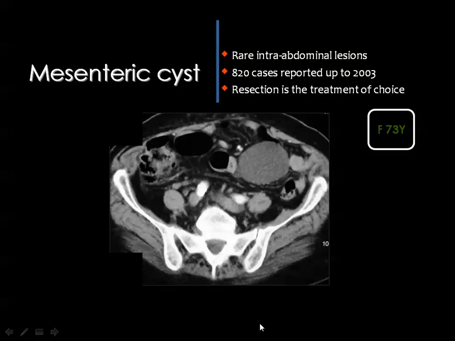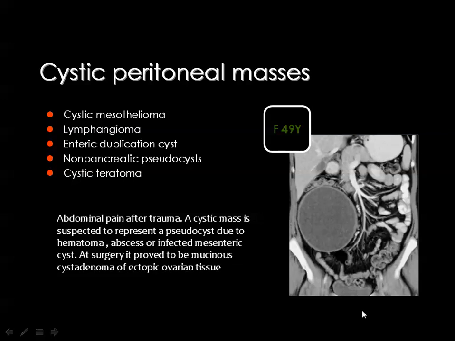If you see a cystic lesion in the peritoneum or in the mesentery, and the cyst contains fluid, and the wall is thin with no internal septations, no enhancement and no mural nodules, then you are not able to predict the nature of this cyst, and the diagnosis is usually a mesenteric cyst, and sometimes this cyst may be aspirated percutaneously or surgically removed.